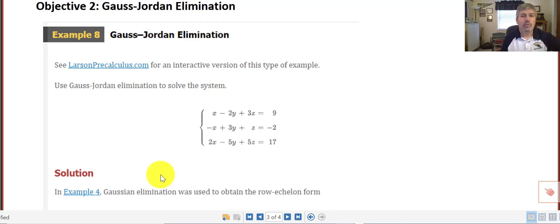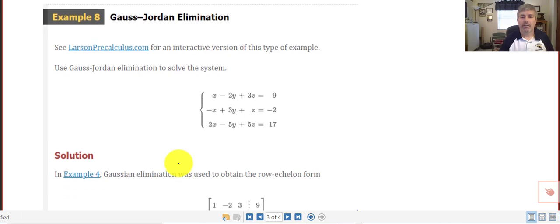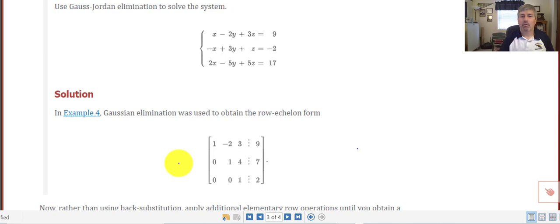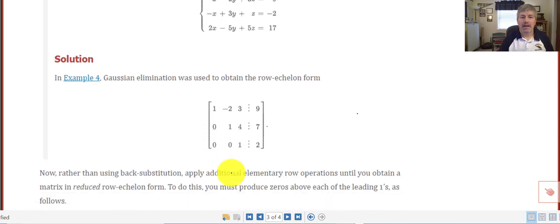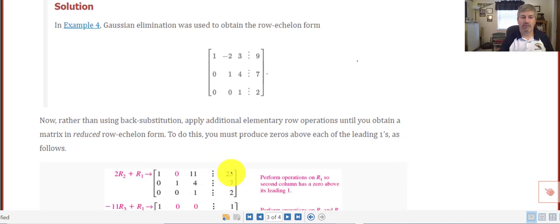In Objective 2, we're going to use Gauss-Jordan elimination to solve systems of equations. We take our system, we can write it into row echelon form, but now rather than using back substitution, we apply additional elementary row operations until we obtain a matrix in reduced row echelon form.